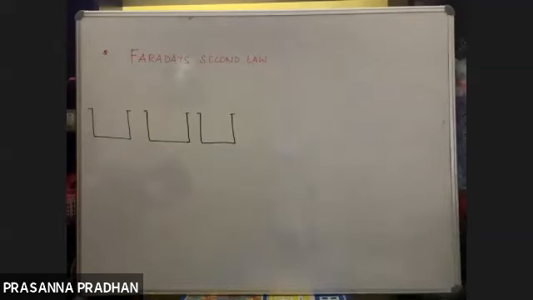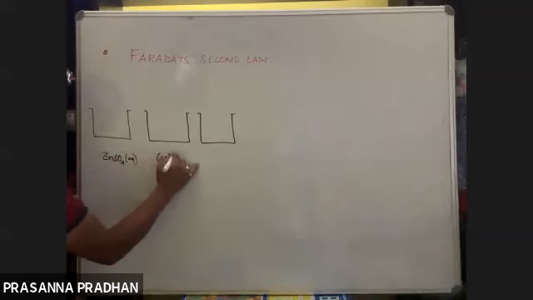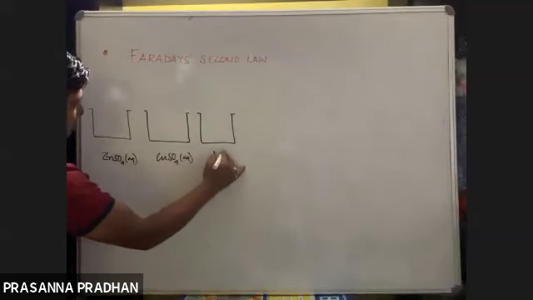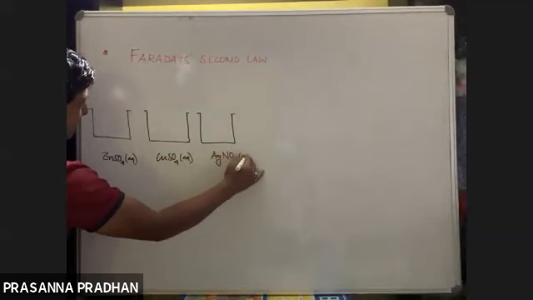Okay, and these electrochemical cells, they are connected in series. Right? So here I have zinc sulfate solution, aqueous. Here I have copper sulfate solution, aqueous. Here I have silver nitrate solution, aqueous.